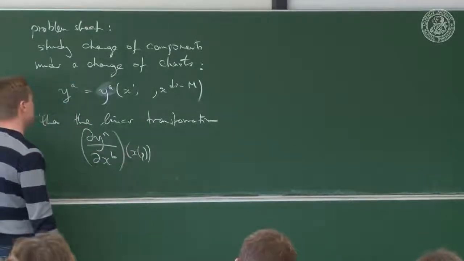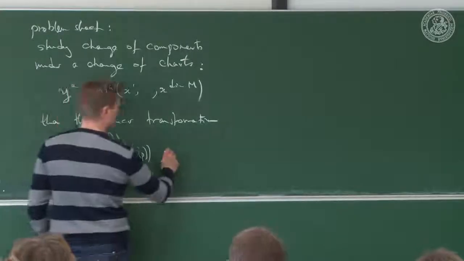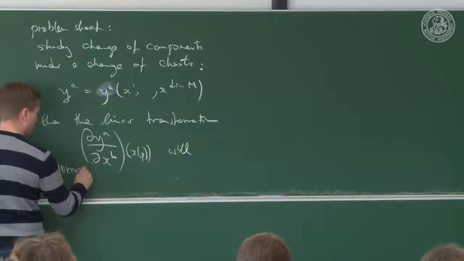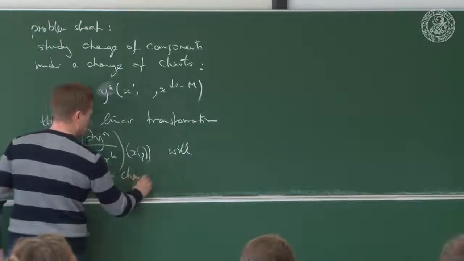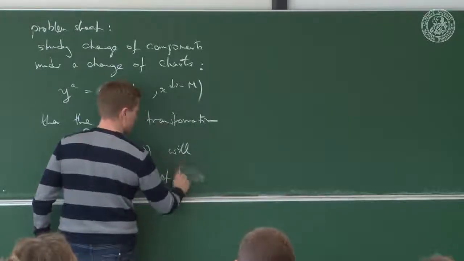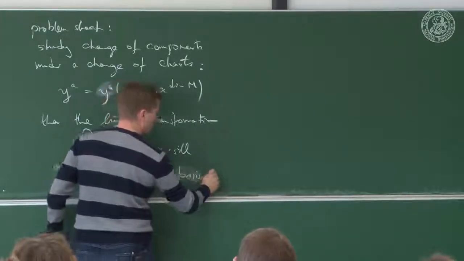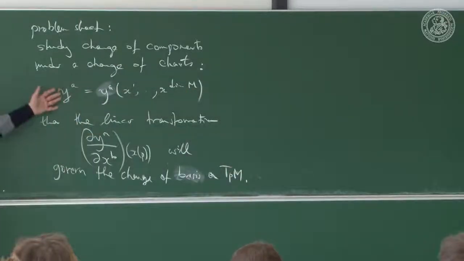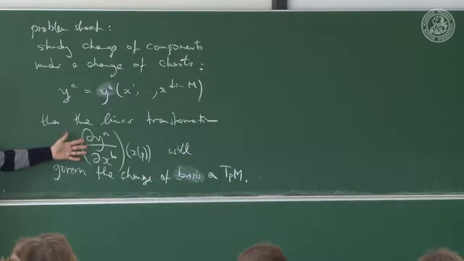This point in R^d, this linear transformation will govern the change of chart, the change of basis on T_pM, if you go from one coordinate-induced chart to another coordinate-induced chart.